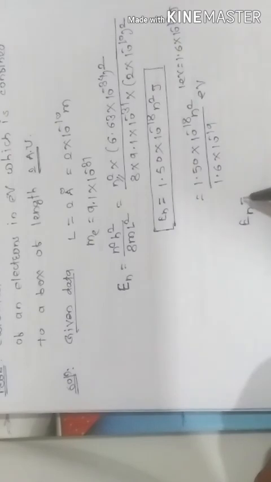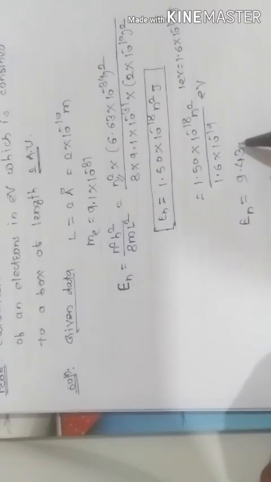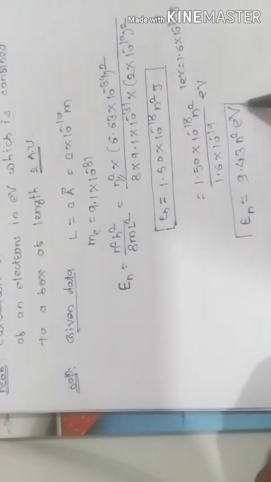En is equal to 9.43 n squared electron volt. This value varies a little bit as per your calculator digit setting.